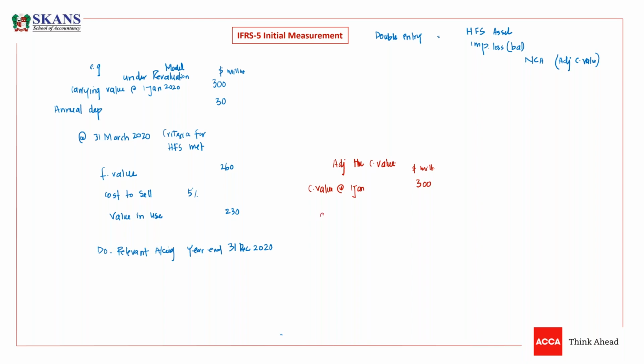The first one is depreciation. So we need to depreciate. How much depreciation, guys? Annual depreciation is given, which is 30, but we don't need annual depreciation because the criteria has met after 3 months, 31st March 2020. So 3 months depreciation is required. So we need to charge 3 months depreciation. Please give me 3 months depreciation. What is 3 months depreciation?